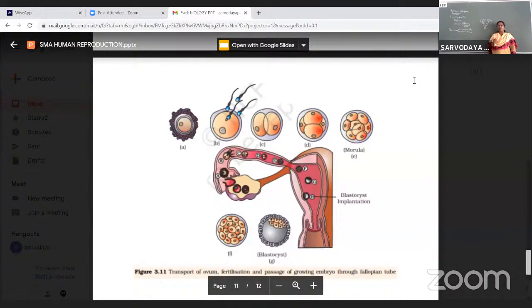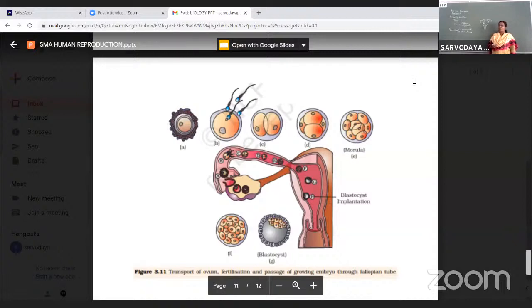It is a finger-like projection formed from the trophoblast layer, which is called chorionic villi.